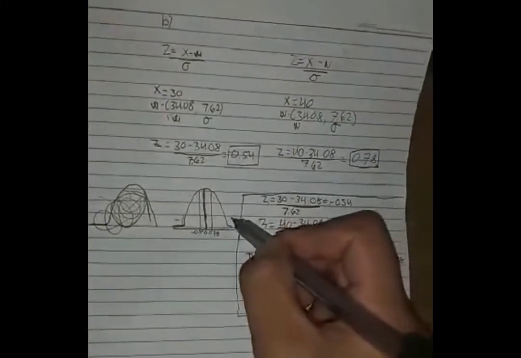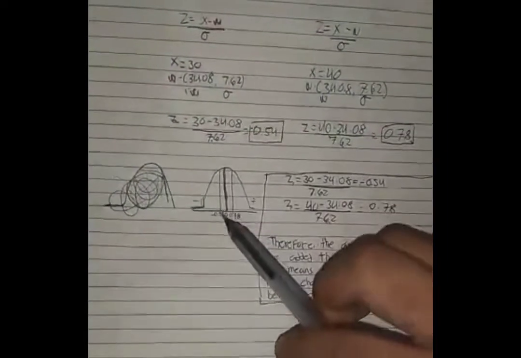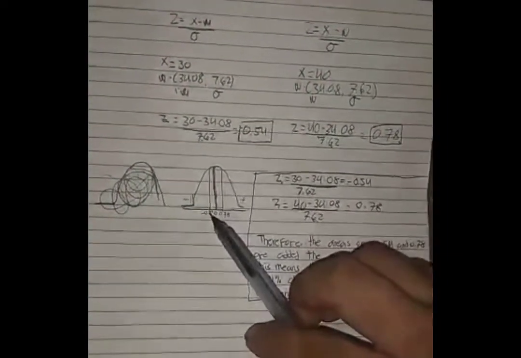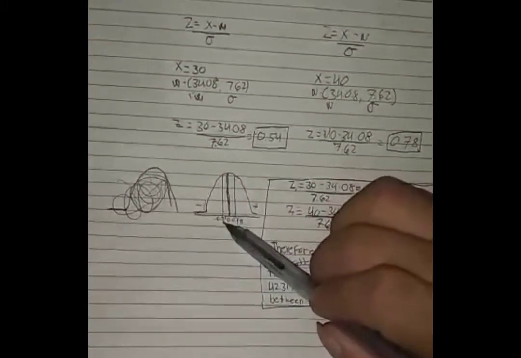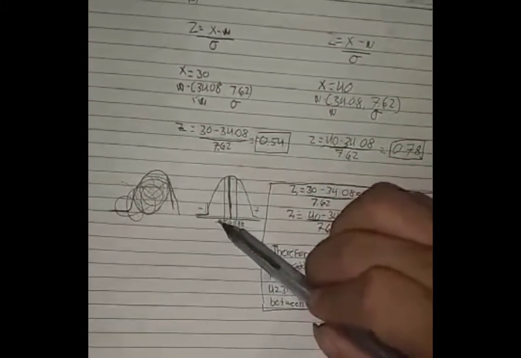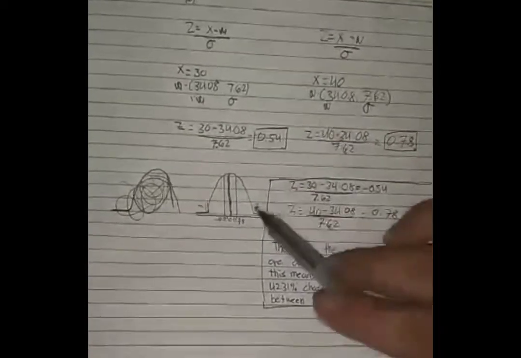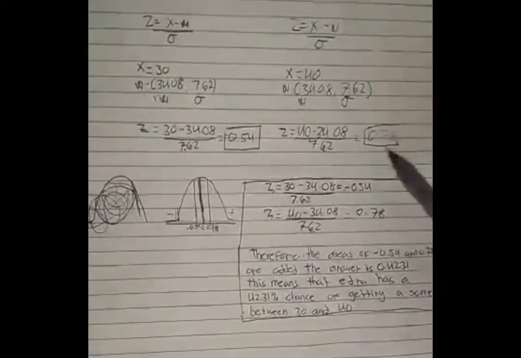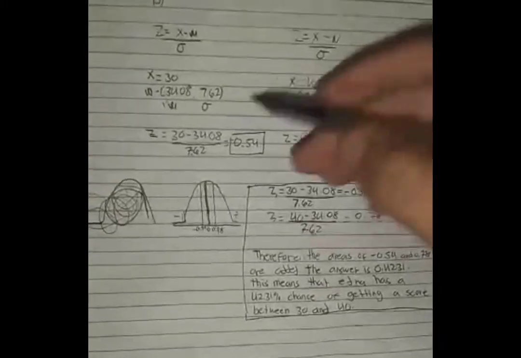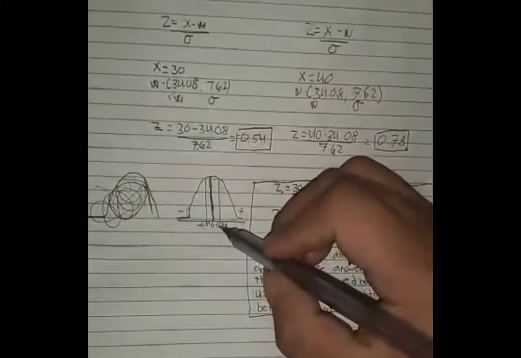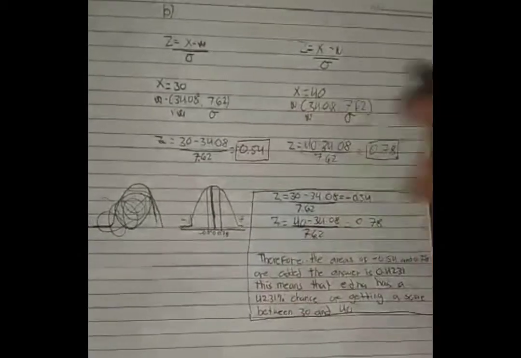Dito sa kanan, positive. Dito, negative 0.54. Yan. At ito, dahil positive itong 0.78, lalagay natin siya dito sa kanan. 0.78. Yan. Kuha nyo? Very good.